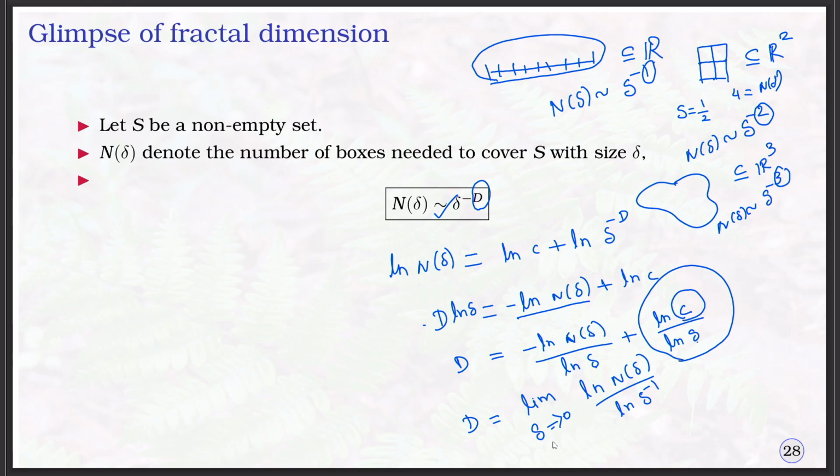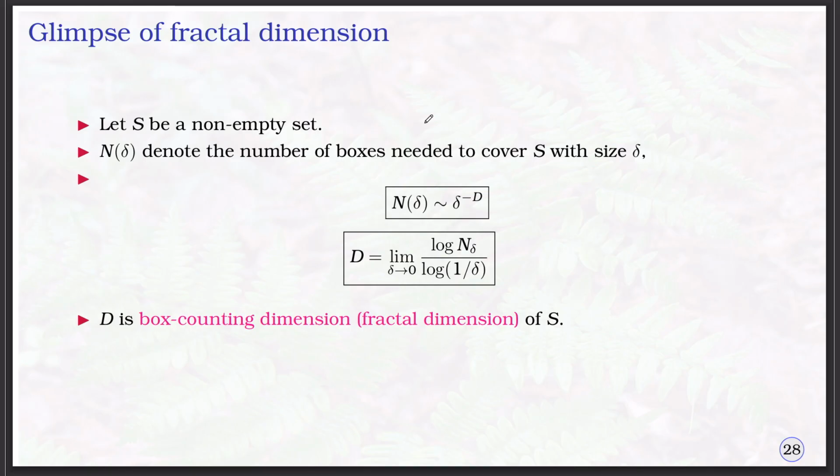So, whenever this delta tends to 0, this term becomes 0 and we will get this one. So, this D we usually call the box counting dimension or fractal dimension.